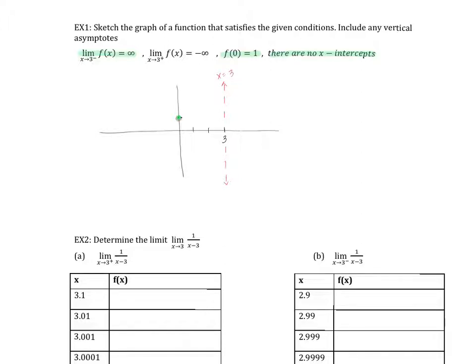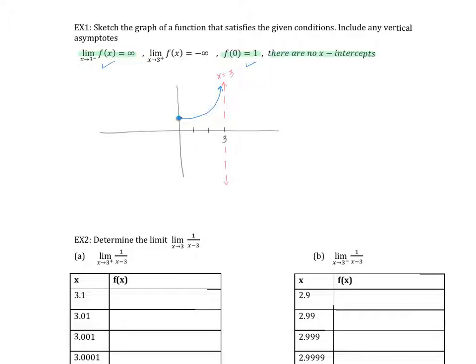I want blue. I'm changing my colors. So as I come in from the left of 3, this graph is supposed to go up to positive infinity. So I've got the point 0, 1.